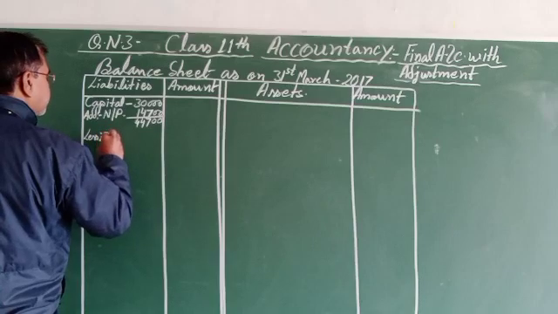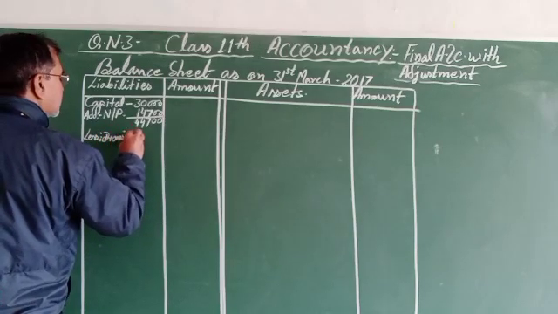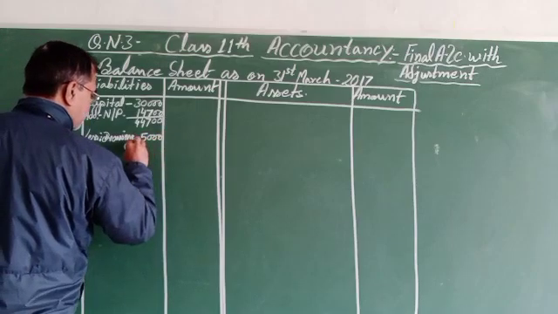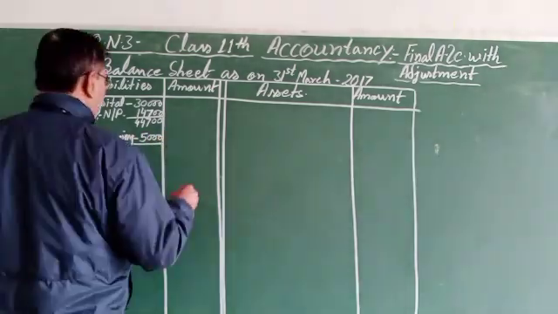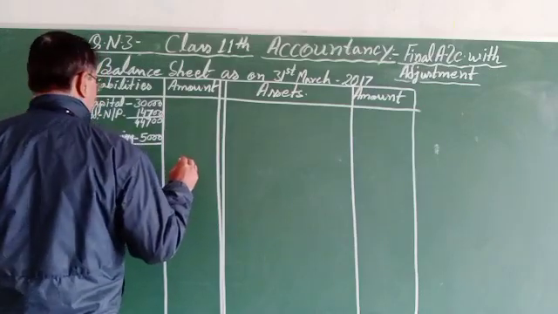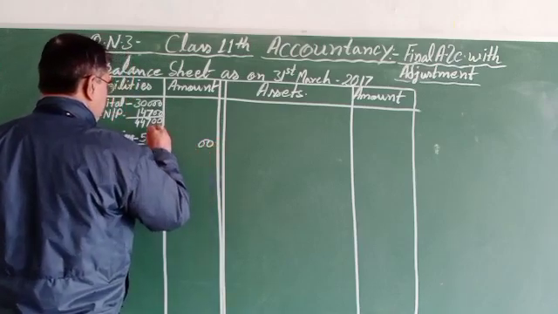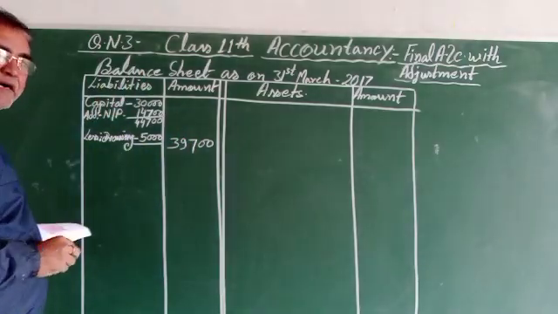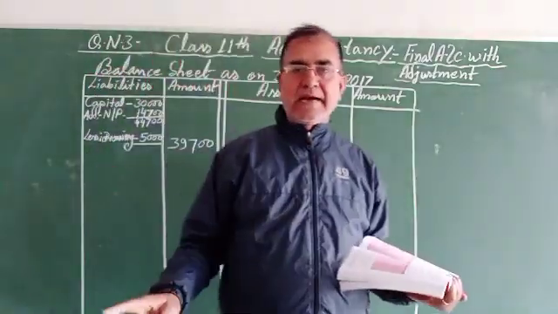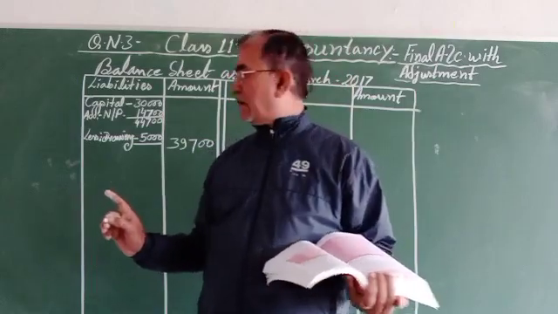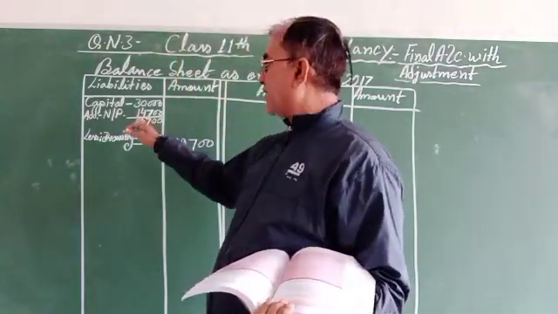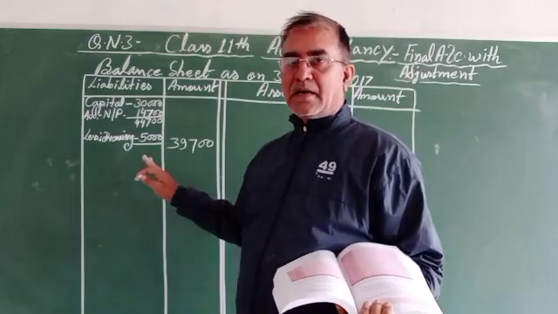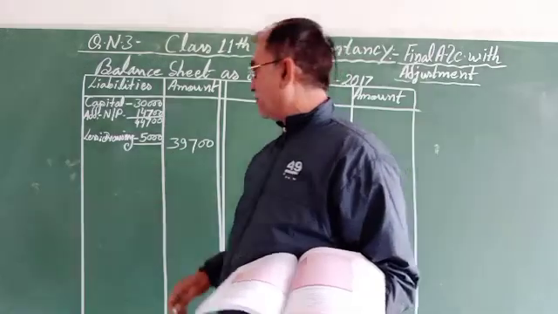Less drawings, minus 5,000. 39,700 will be the actual capital at the end of the year, after all adjustments, by adding net profit and deducting the drawings, whatever money was withdrawn by the proprietor for his personal use.